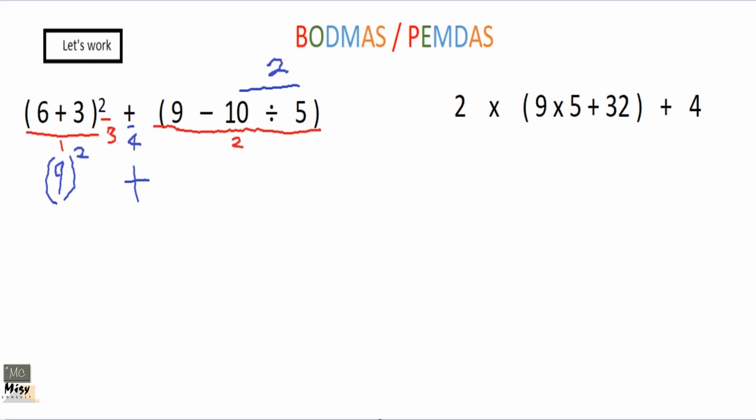Then we will now come and bring our minus 9. Okay, so we get here to be what? 7. So now our bracket has been simplified to 7. Do you get that? So you go and do your division first. So leave the minus sign down. Don't touch it. Don't do anything to it.